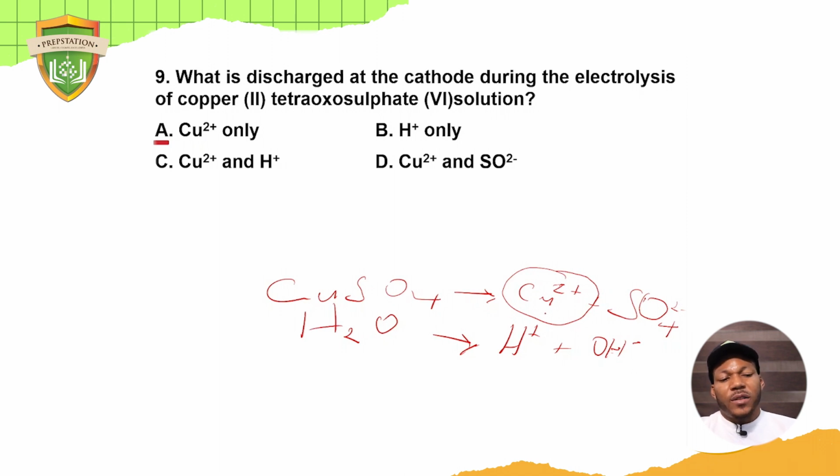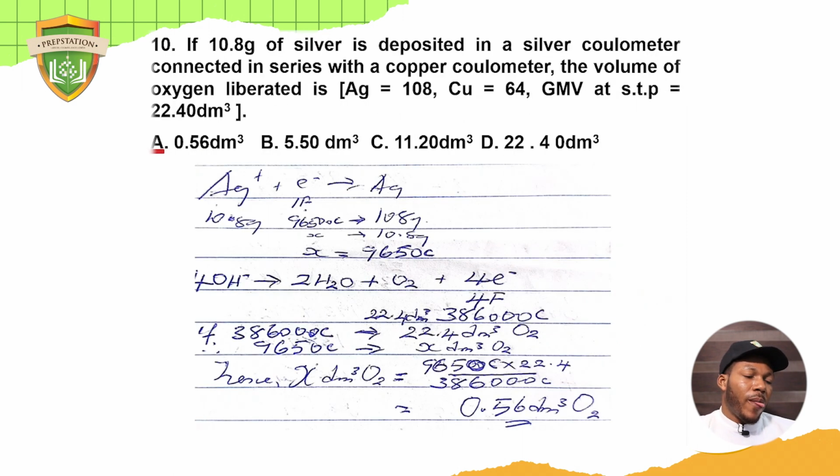So that is why copper is discharged, not hydrogen, at the cathode. The cathode here will be attracted to the positively charged ion. So the right option here is A, not B. Take note of it. Let's move on. Question 10.